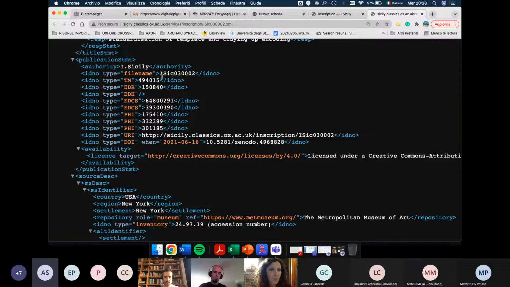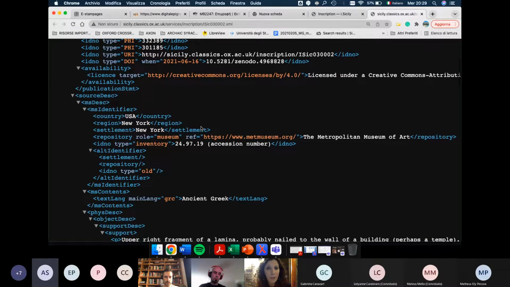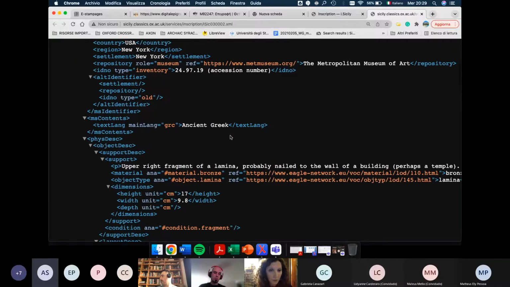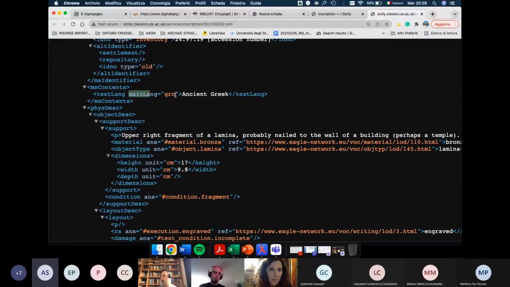So the reference to Trismegistos, EDR, PACUM, so all the digital databases of inscriptions that are reliable, that have this inscription. And then you can put information about the place in which the inscription is stored. So you can add the museum, but also the coordinates, so you can see on the map the place in which it's stored. Of course, the main language.